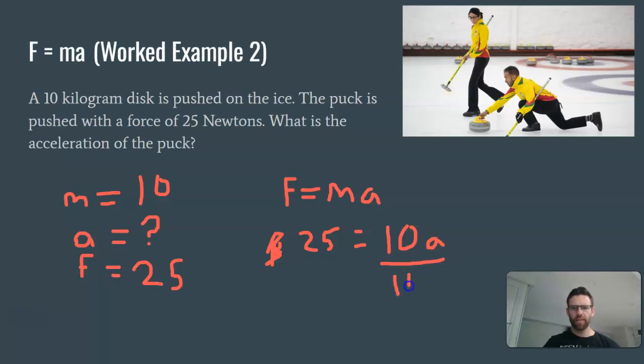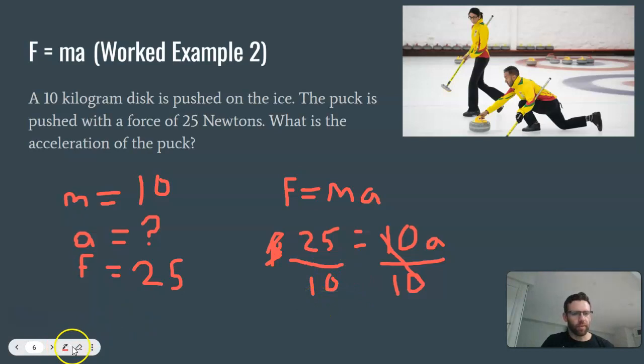If I have a 10 being multiplied by my variable, I want to get rid of that 10 by doing the opposite of multiplication. The opposite of multiplication is division. So these things would cancel out, and I'll get A is equal to 25 divided by 10. So you get A is 2.5 meters per second squared. I won't try to scribble all that on the wall. I think you guys understand what I'm doing here. Okay.